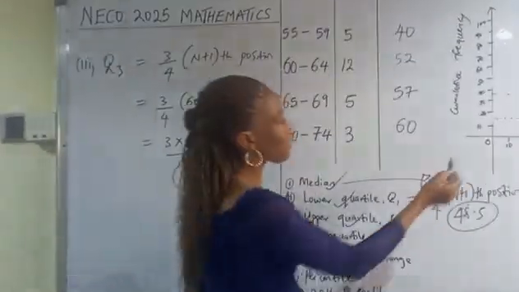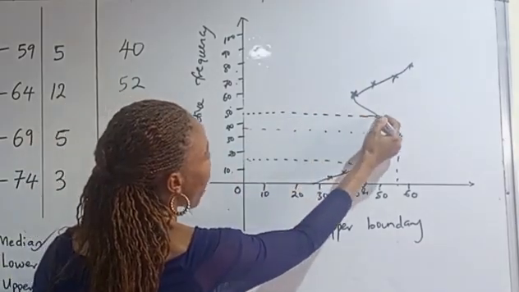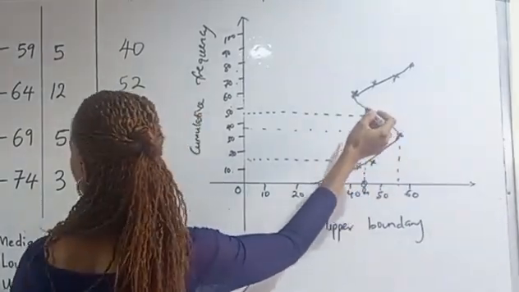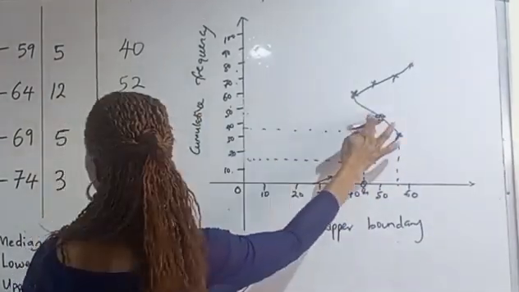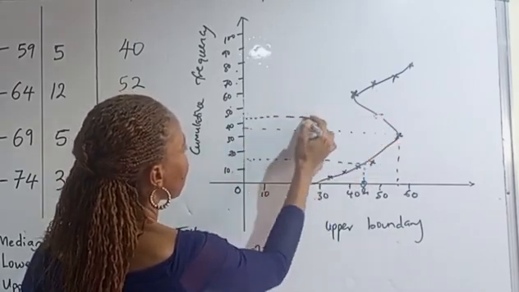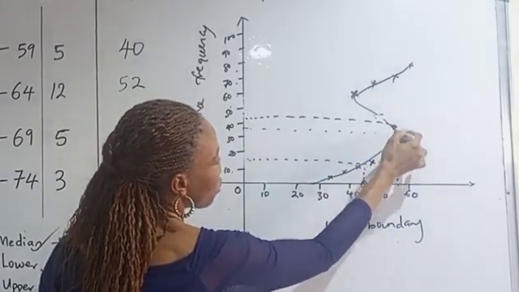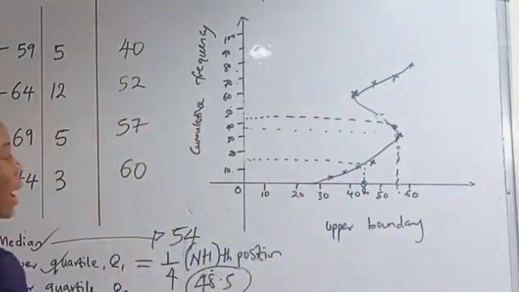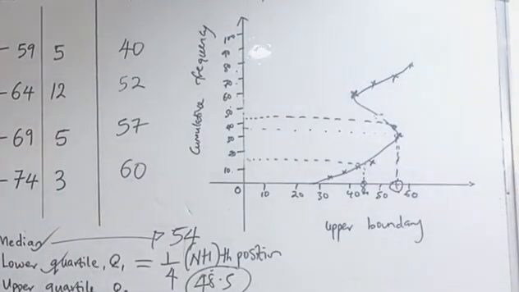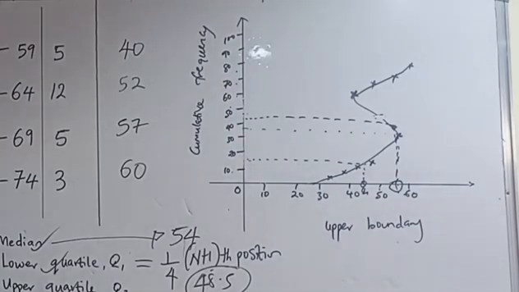So you come and check 45.8 and trace it to the curve. Where it touches the curve, you trace it down and get the value here. Remember, you'll be doing it on your graph. When you do it on your graph, your final answer will be 62.